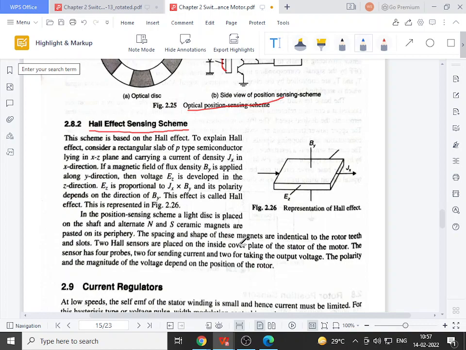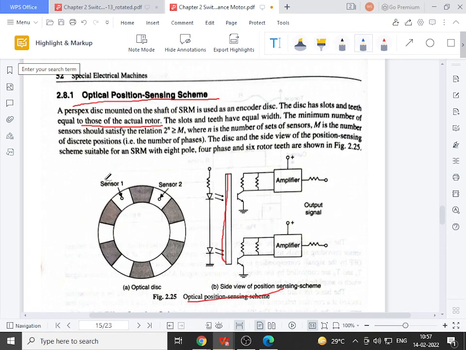Okay, so with this Hall effect sensor, there is no necessity of connecting the sensors externally. Those sensors are inbuilt inside the motor construction itself, whereas when we go for optical sensors, it is necessary to implement the optical sensors on the external side. Whatever extension of shaft is there, over that shaft we have to paste that optical disc, and on both sides of that disc, on one side there will be an emitter circuit, on the second side there will be a collector circuit.